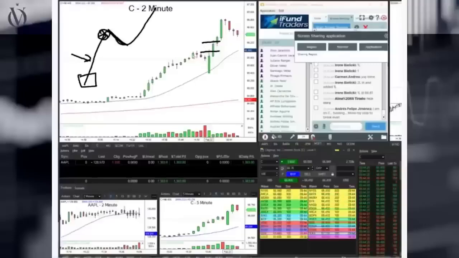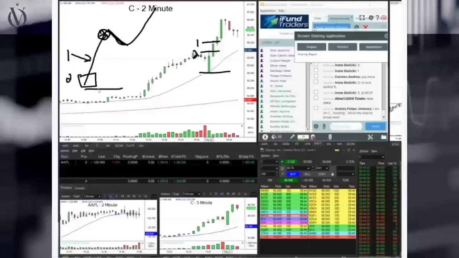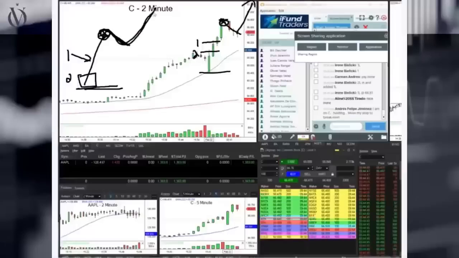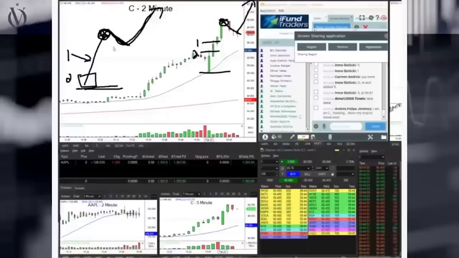See, this is what Irene did. She bought, added, 2, 1, stop. Profit take. Let the stock pull back on you, and then hope for the secondary move. And that's exactly what C seems to be doing right now.